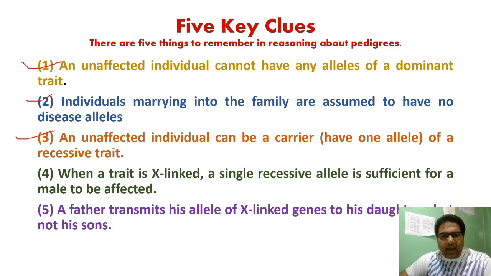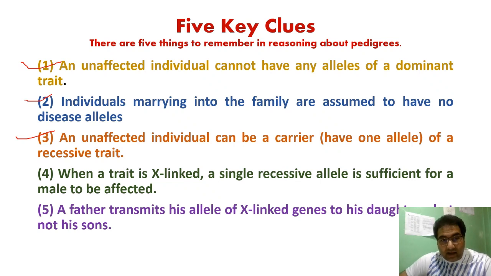Point number three: an unaffected individual can be a carrier of a recessive trait. Yes, I have talked about this in point number one, that an unaffected individual, even though he looks normal and is not having a certain kind of disease, can be a carrier of a particular disease because he may be having that allele in the recessive form. Two alleles of a recessive trait are required for an individual to be affected.